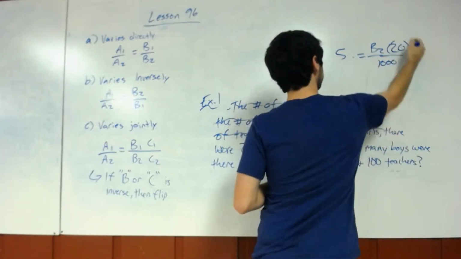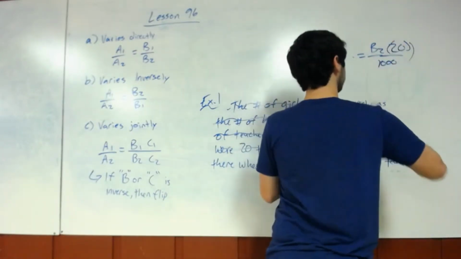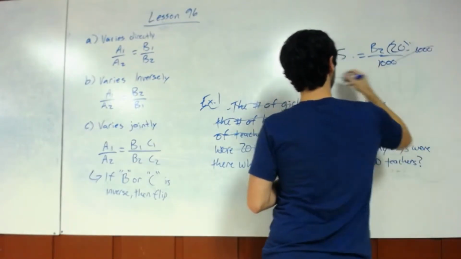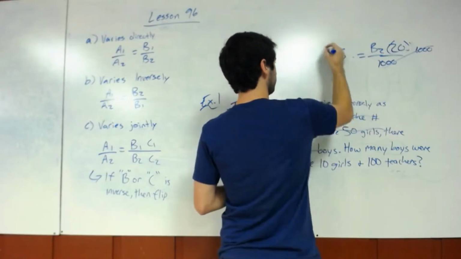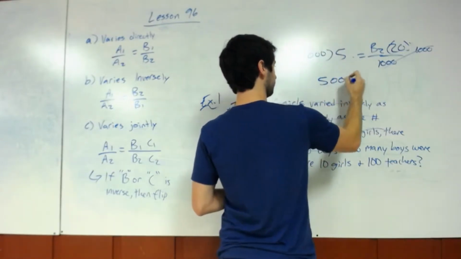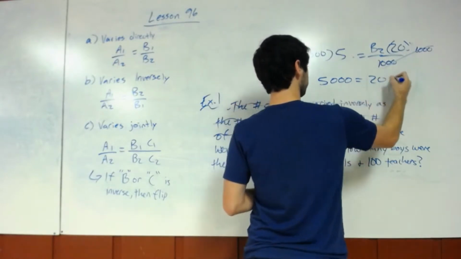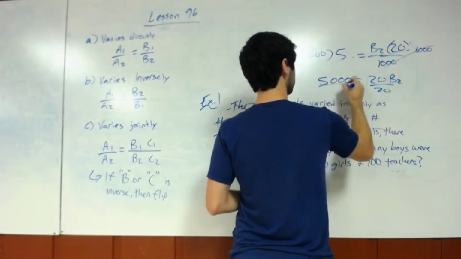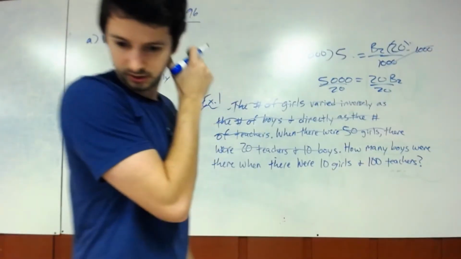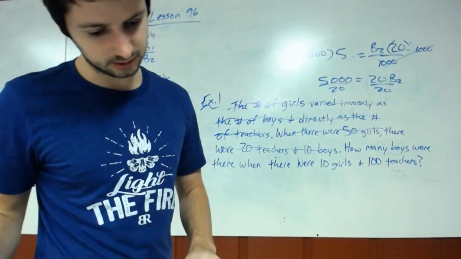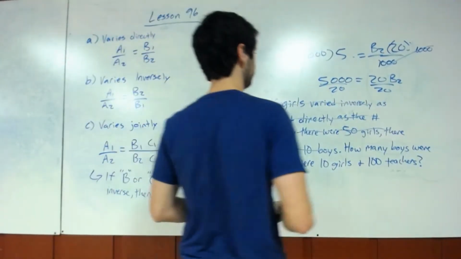Okay, we need to multiply the 1,000 to cancel. So 5 times 1,000, we get 5,000 equals 20 times the number of boys. Divide by 20, divide by 20, and we would end up getting 250.